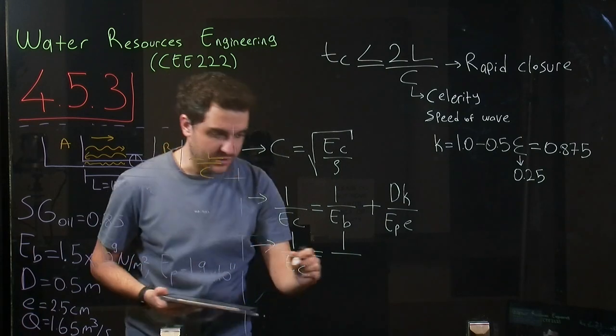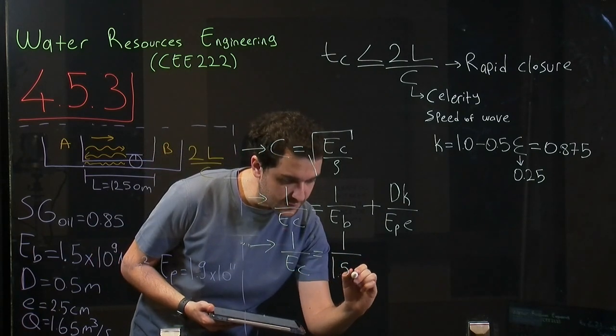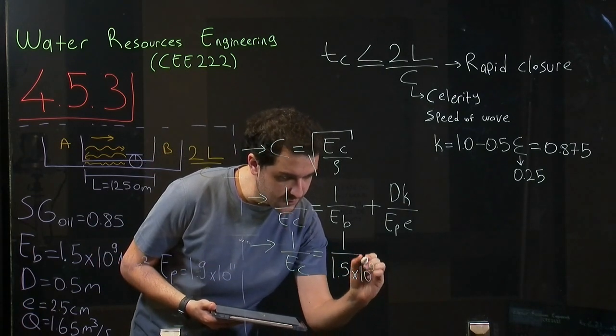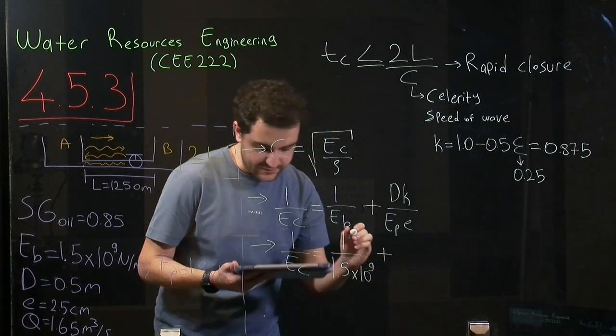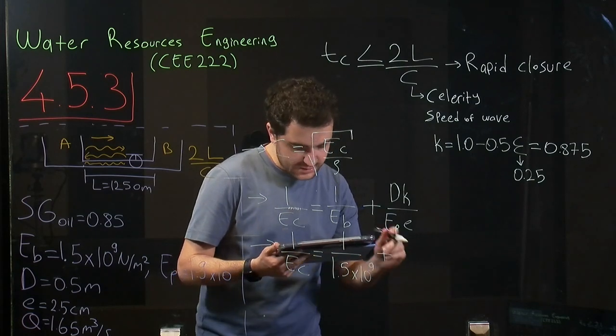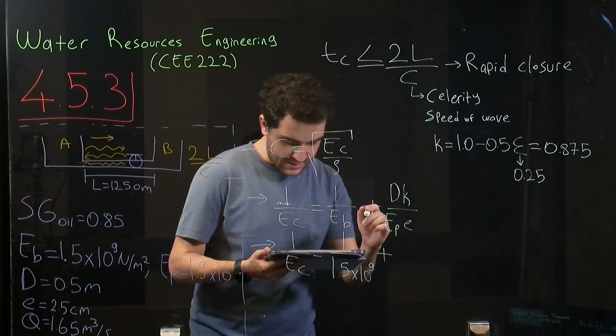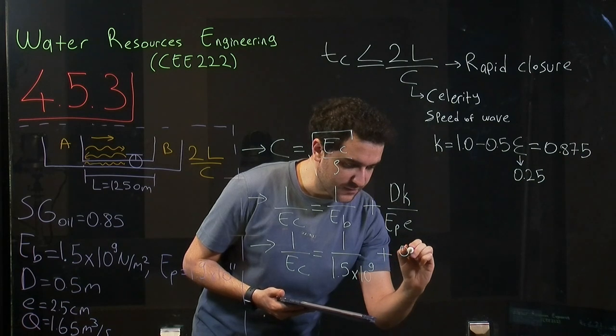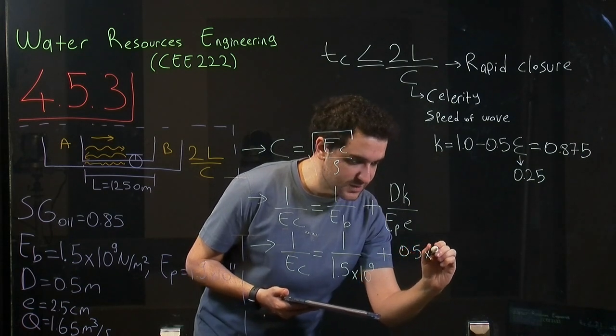EB is 1.5 times 10 to the power of 9, and this is Newton over square meter. Then here we have 0.5, which is the diameter.